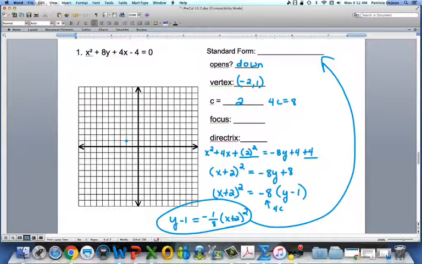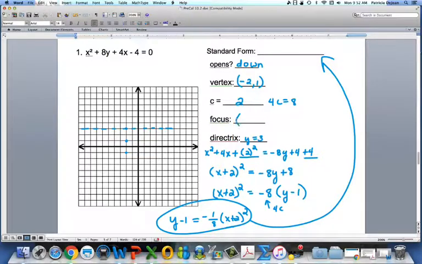Opens down, so we've got above and below it 2 spaces. That's our c. Since it opens down, this one's our directrix here, and so that's y equals, horizontal, sorry, y equals 3.